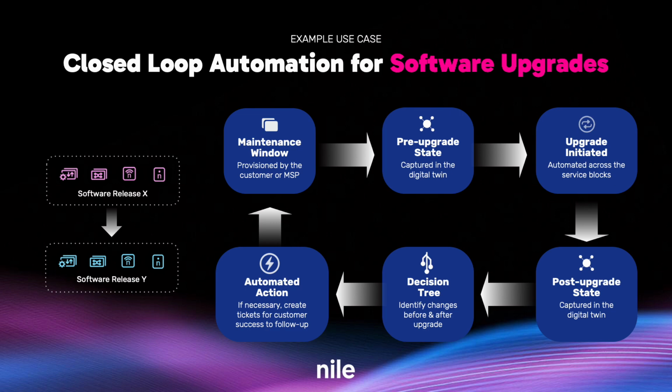If the post-upgrade snapshot looks okay but still has discrepancies, it would still fire off an automated ticket to our internal team for them to jump on, and they would take the necessary action. It would also create a ticket for the customer to follow up on in case there were some environmental things that were discovered as part of the upgrade process.